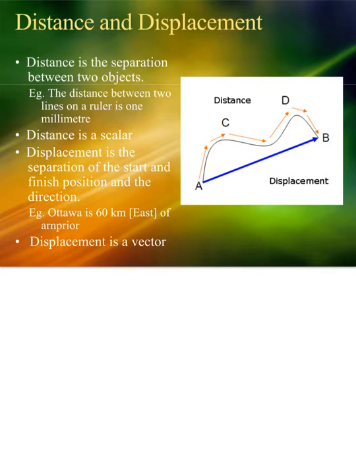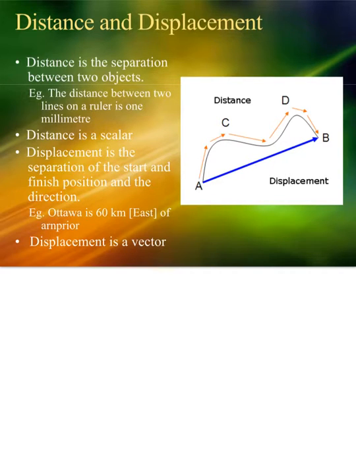Distance and displacement. Now these are different because in physics, how far you've gone and where you are are two different concepts. So distance is the separation of two objects. So the distance between two lines on a ruler could be a millimeter or a centimeter. It's a scalar. It only has a magnitude. It's how far you've gone. I don't care what direction.